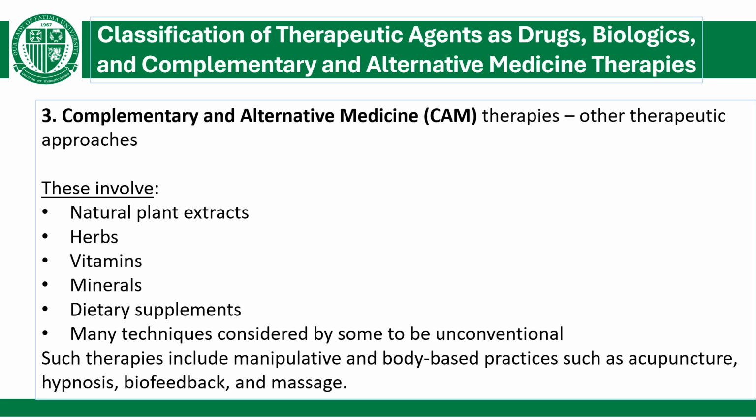And then we also have dietary supplements for people who want to lose weight or gain weight. Then we also have unconventional techniques such as body massage, acupuncture, biofeedback, or even hypnosis.